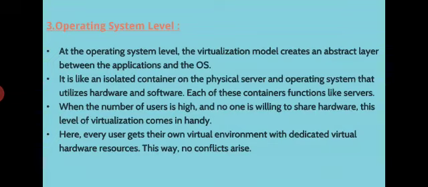It is also used, to a lesser extent, in consolidating the server hardware by moving services on separate hosts into containers or virtual machines on one server. It is nothing but the concept of operating system level.